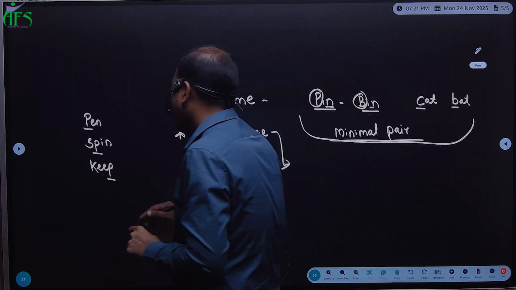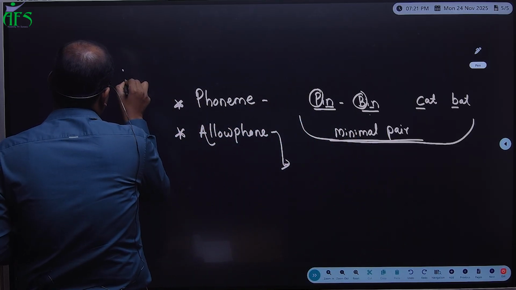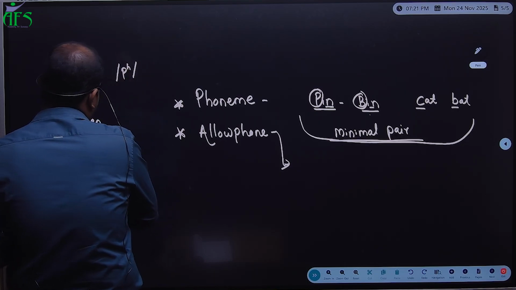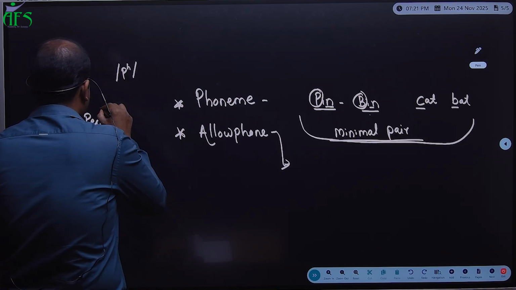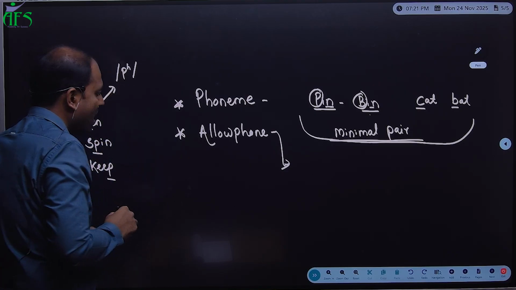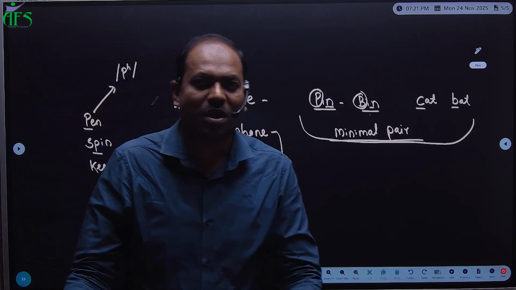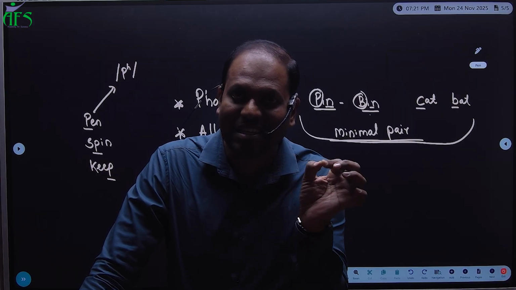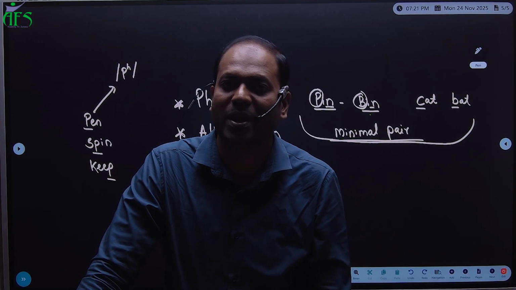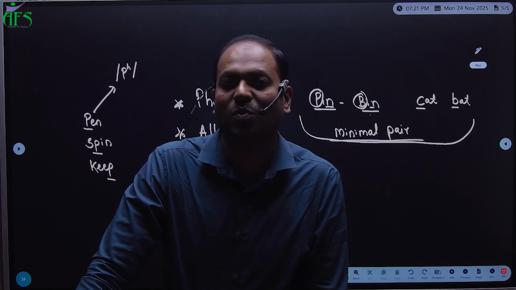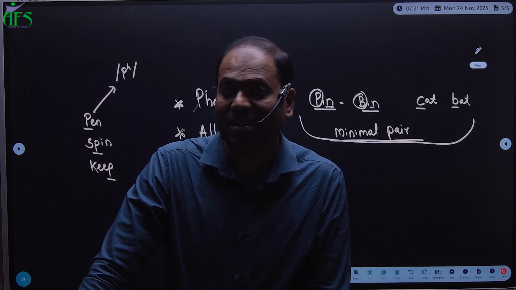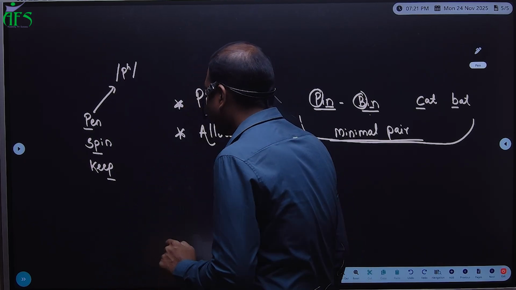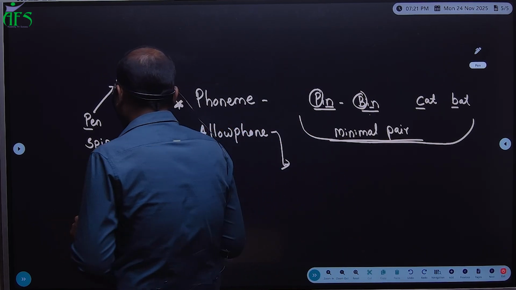Now, an aspirated sound is marked like this. Got it? So it is not pen, it is pen, with a slightly heard puff of air added. That's pen. I need your pen. Got it?